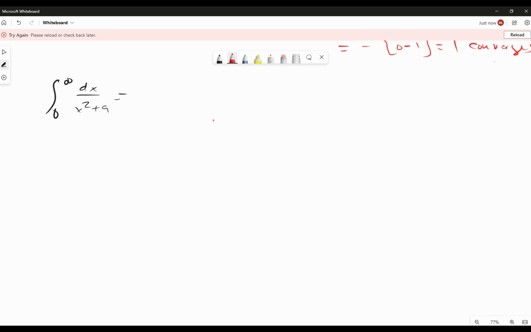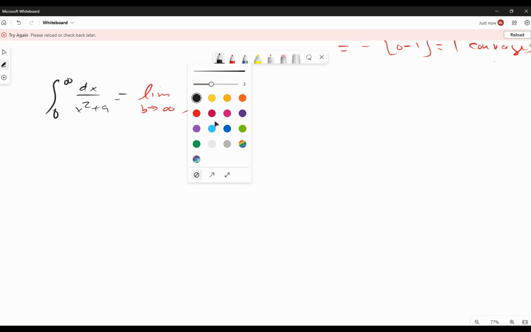Okay. And we're going to rewrite it as the limit as b approaches infinity from 0 to b. Now I'm going to write this one.